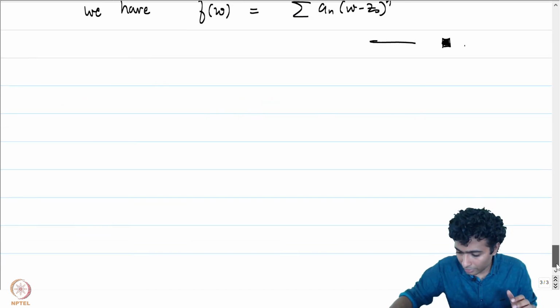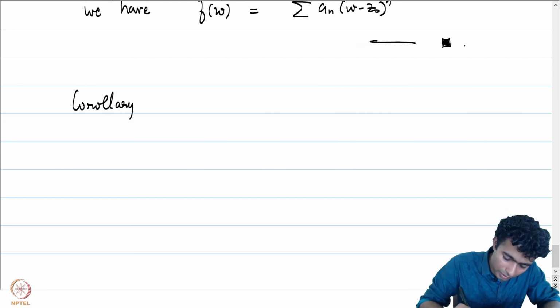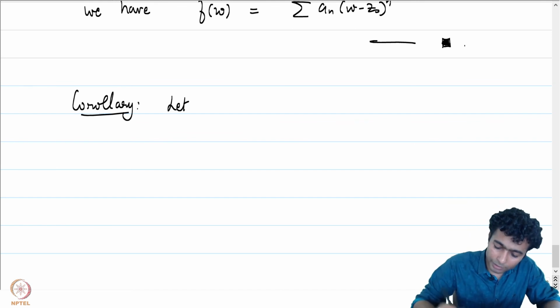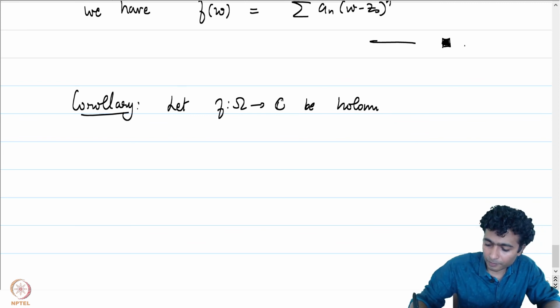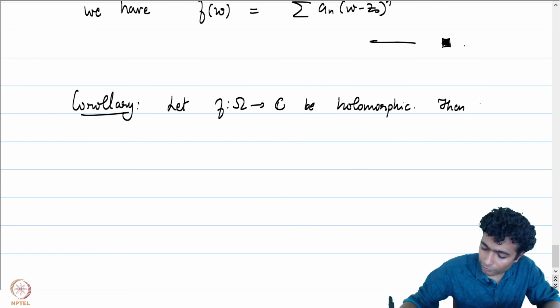So let me write down the corollary which I just mentioned. Let me allow you to think on the statement more deeply. Let f from omega to C be holomorphic, then f prime is also holomorphic.